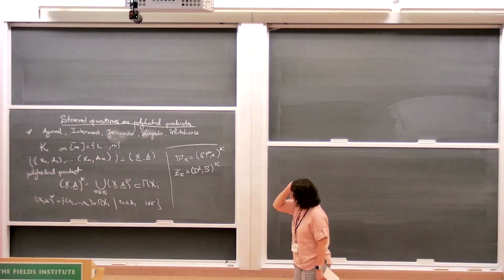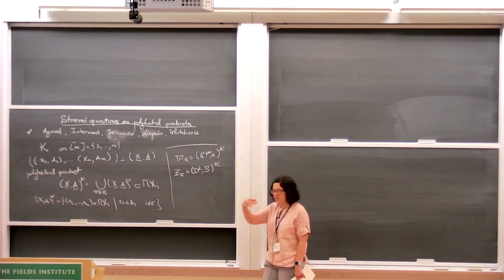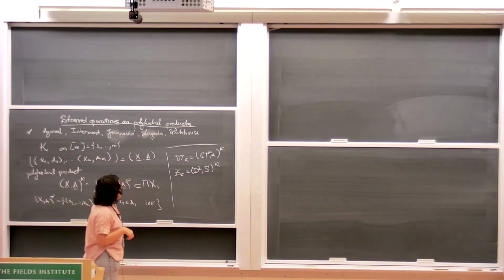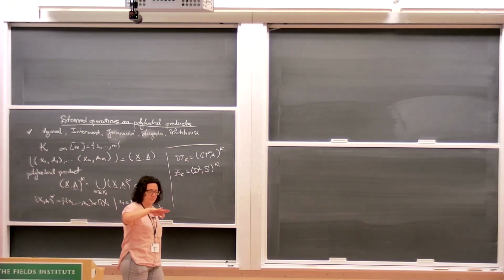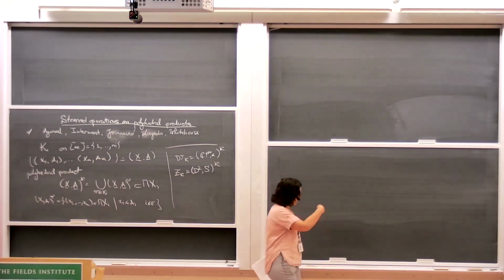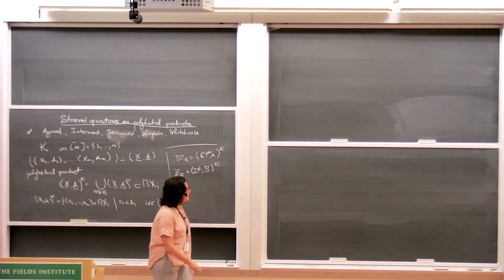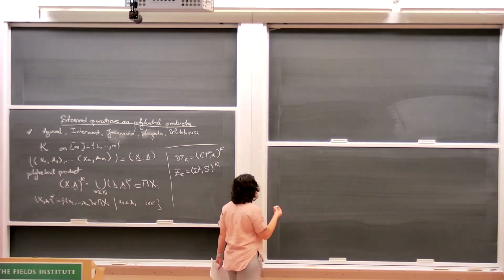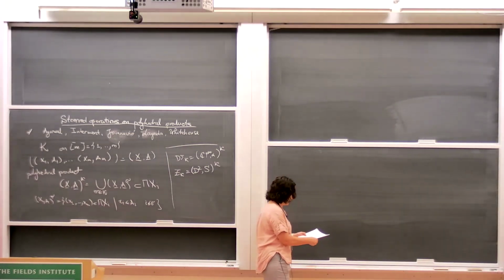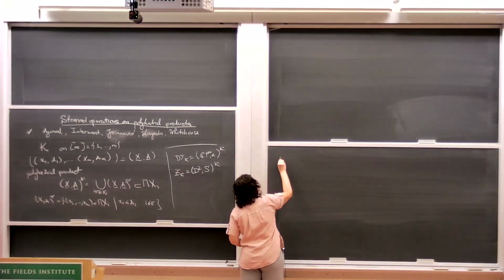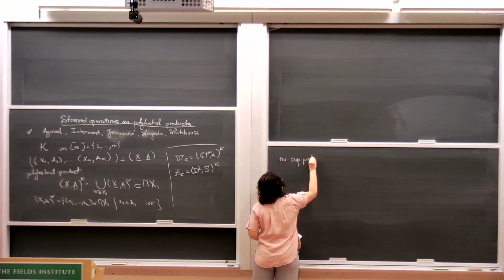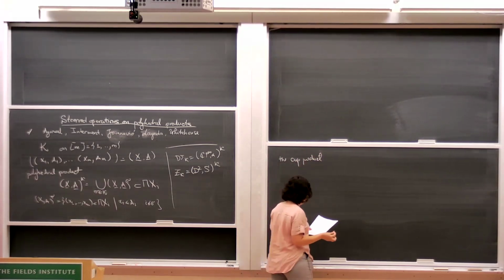And as I said, we wanted to study some cohomological operations. And so the cohomological operations are natural transformations of the associated cohomology functors. And the first one that we know already in this setup is looking at the cup product squaring.